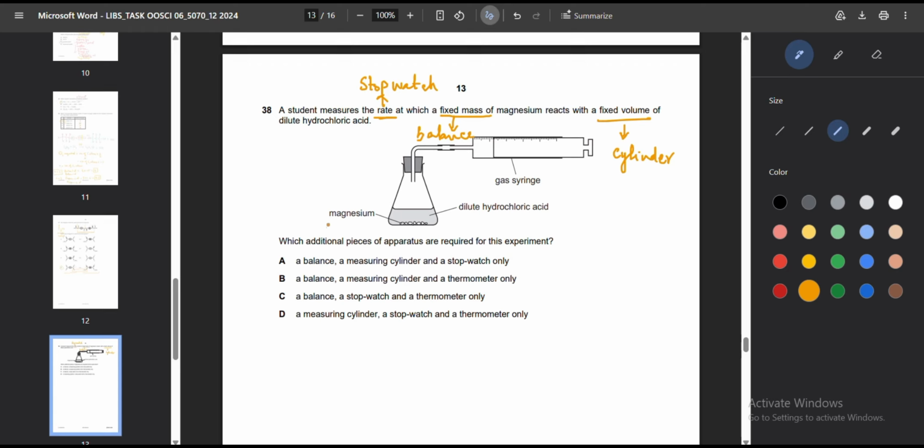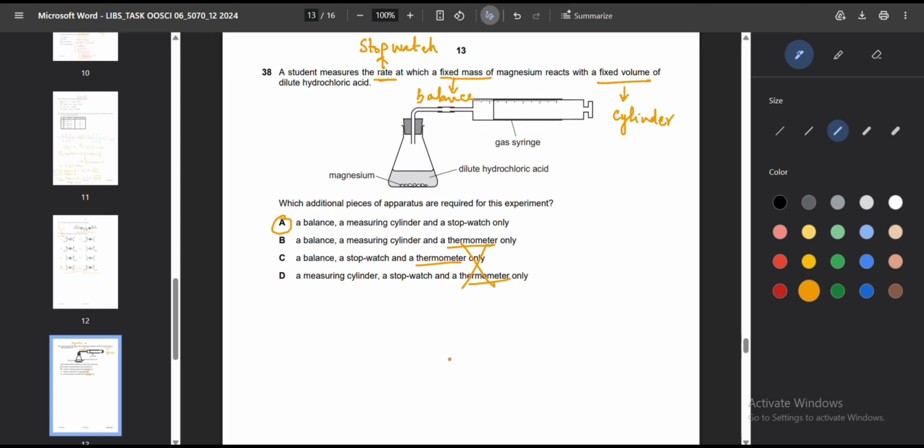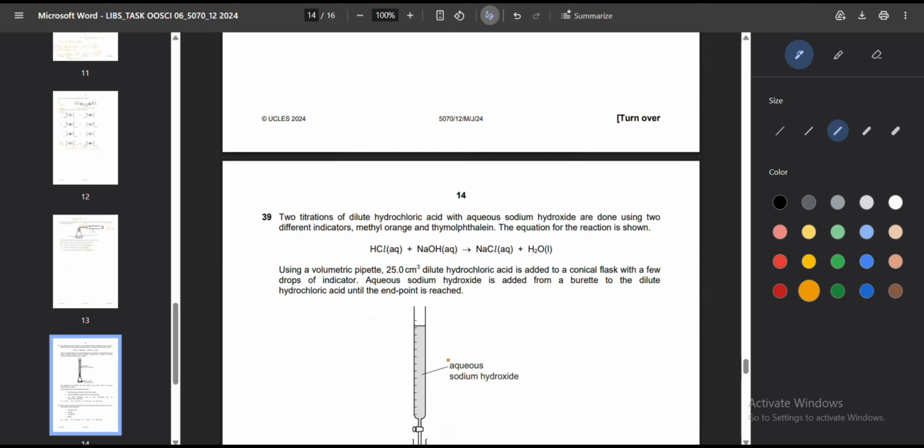So which is the correct option? Option A, because we need a balance, measuring cylinder and a stopwatch. In the last three options, the thermometer is mentioned. We are not measuring any temperature over here, so that's why option A is the correct option.